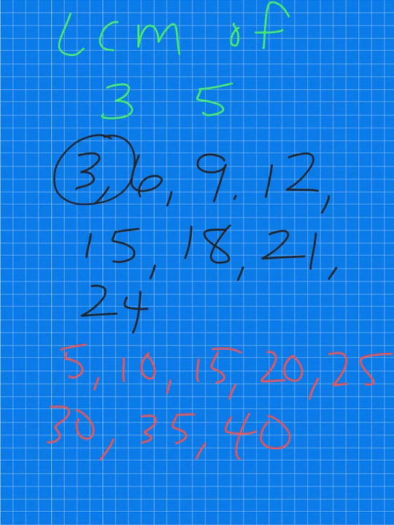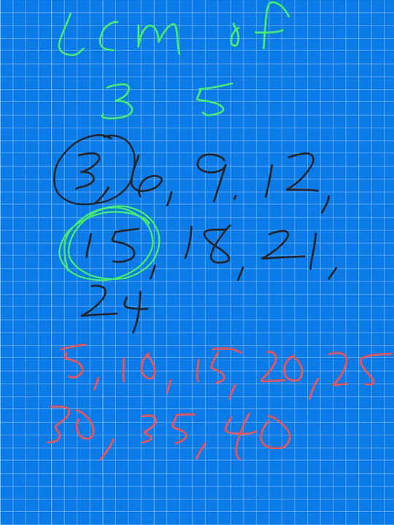Okay, so now you look at each set of numbers and see where these common multiples are. In a lot of questions, you might need to increase the number of multiples that you list just to get more common multiples. Between 3, 6, 9, 12, 15, 18, 21, and 24, and then 5, 10, 15, 20, 25, 30, 35, 40, there's only one common multiple so far, and that's 15.